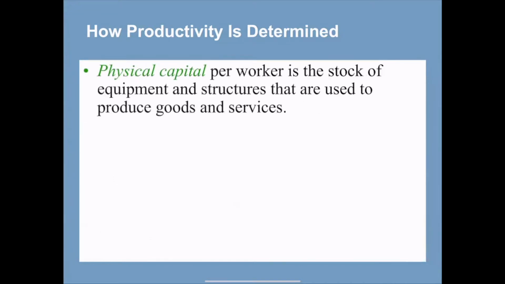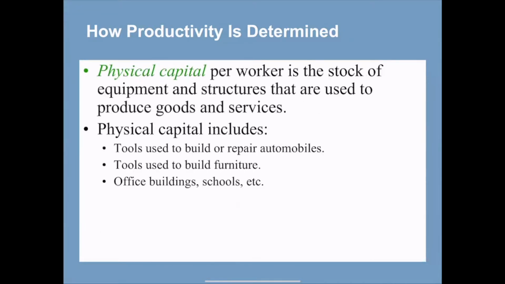Okay. So what is physical capital? If you remember when we discussed GDP, you remember the I, right? Investment. Actually there are 3 types of investment. The first one is about housing.